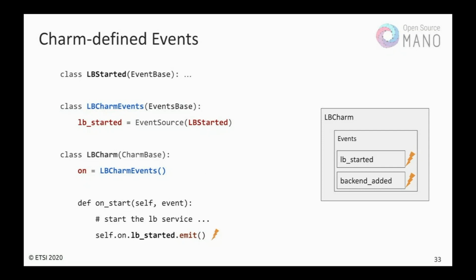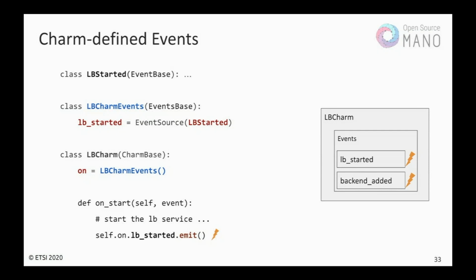You would also need to use the on-T helper, and you pass in an instance of the LB charm events to that. And for example, after you install the load balancer service and start it on your target system, you could emit the LB started event from your charm.